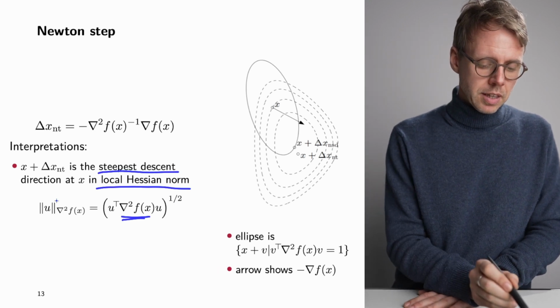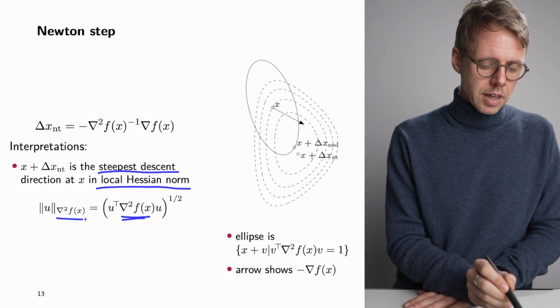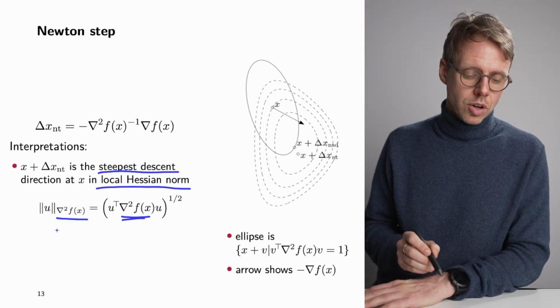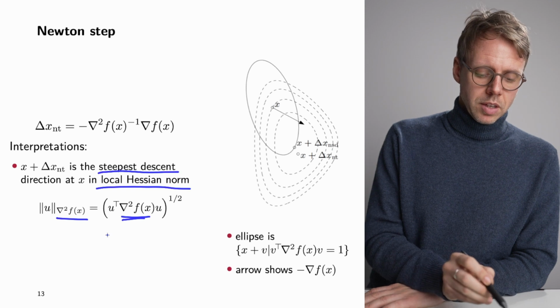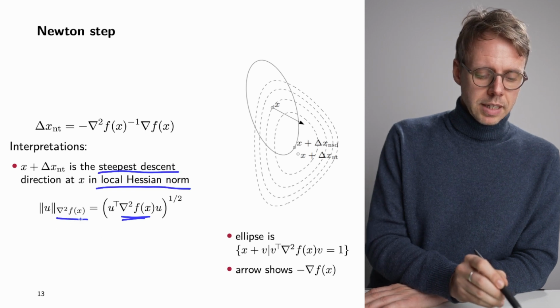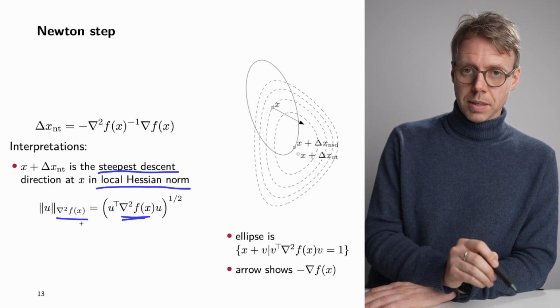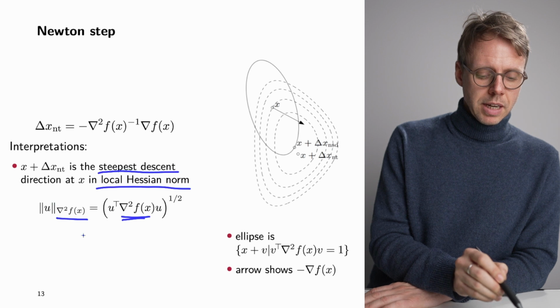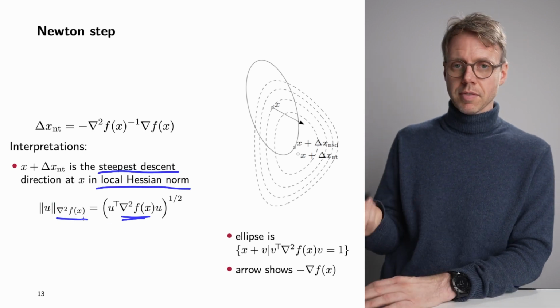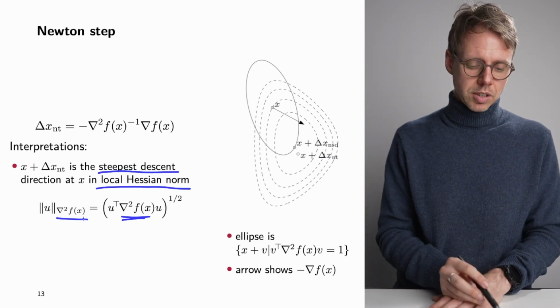So this would be the norm in the Hessian of f. So here basically you have the norm not being based on a fixed matrix, but on a matrix that can vary, that itself is a function, so to say.